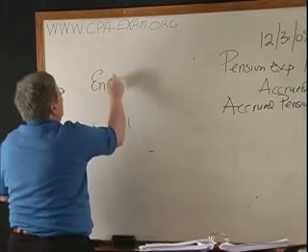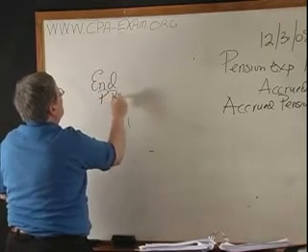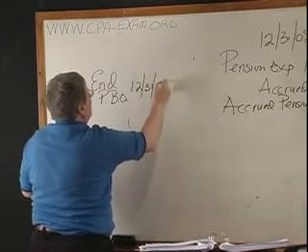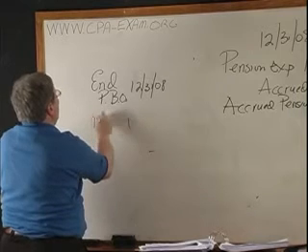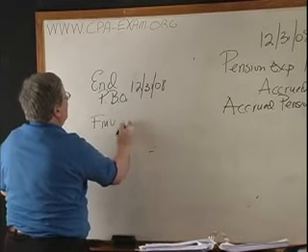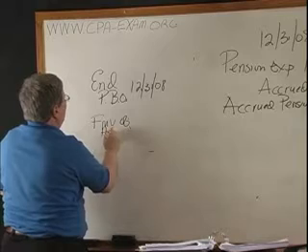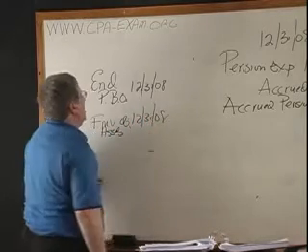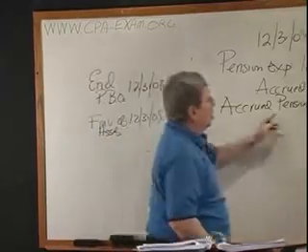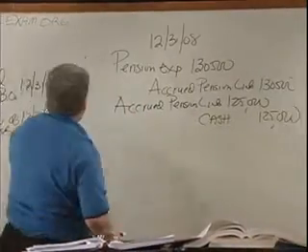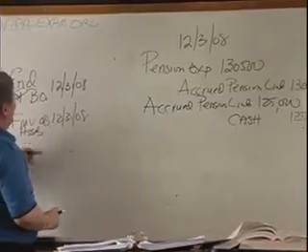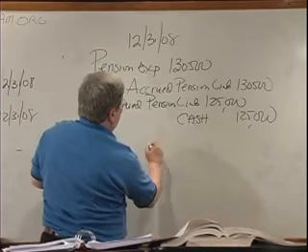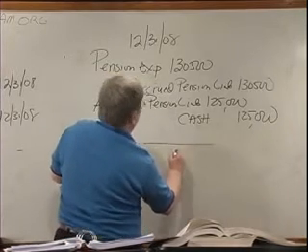We get the ending PBO at 12/31/08, and we compare it to the fair market value of the assets at 12/31/08. Now, we're going to adjust this accrued pension liability to equal the over or under funding amount. Now, let's look and see what we have in the accrued pension liability account for 2008.